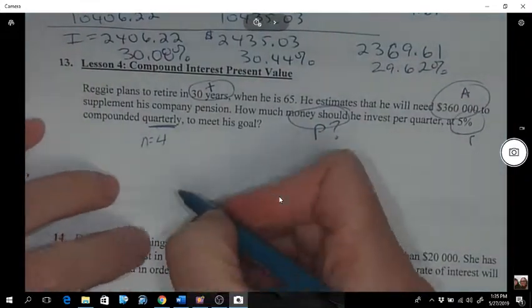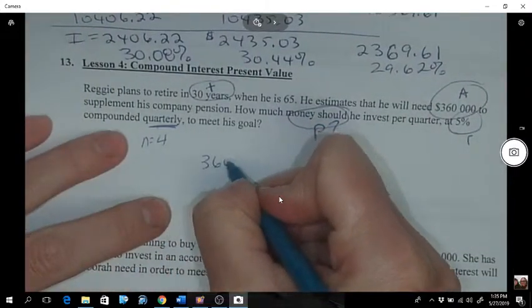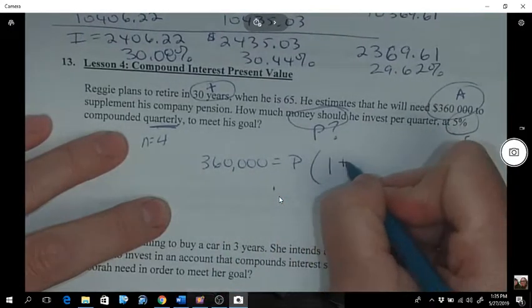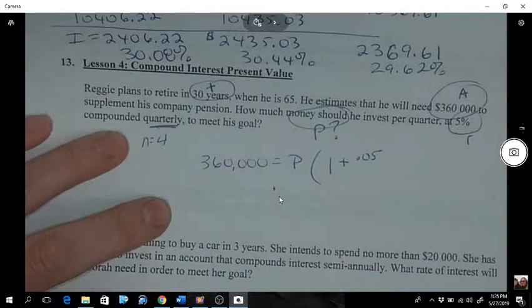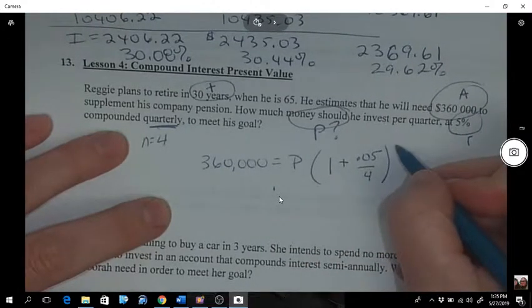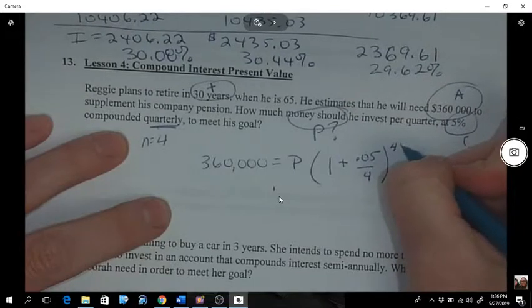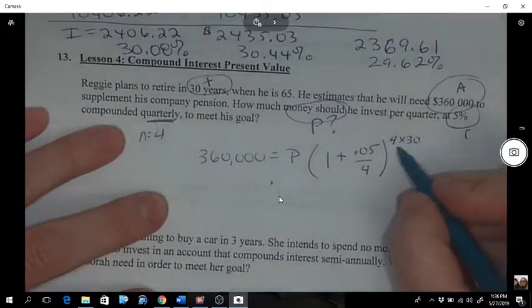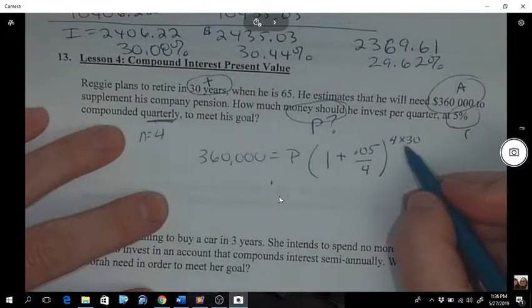Okay, so our final amount we want is the principal times 1 plus 0.05 divided by 4 compounds, and this would be 4 compounds times 30 years, or you could have had a 120 up there as well.